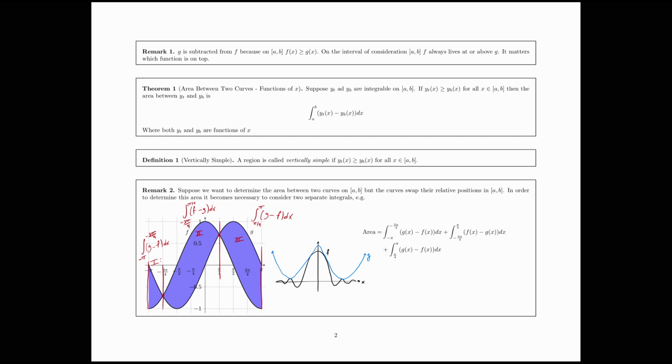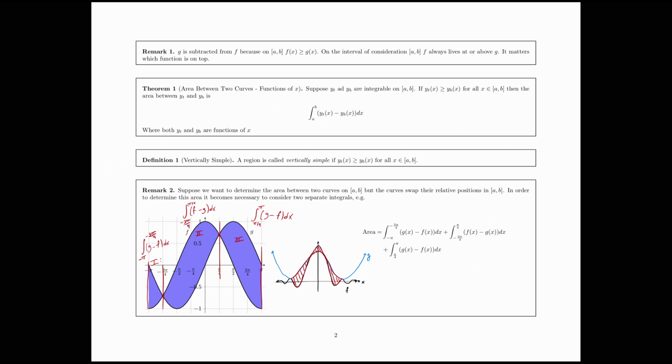So in this case of these two very strange looking functions, if I wanted to know this area here, so this strange red area, it would be G minus F. I'm going to put F down here.